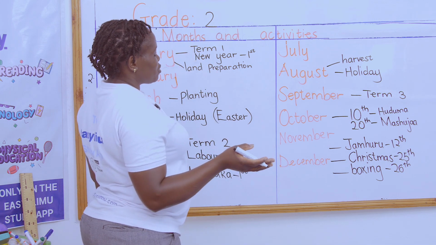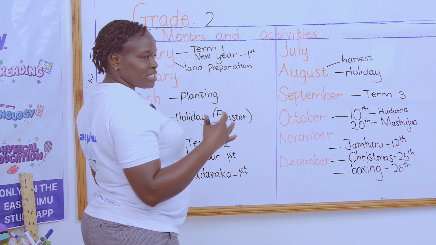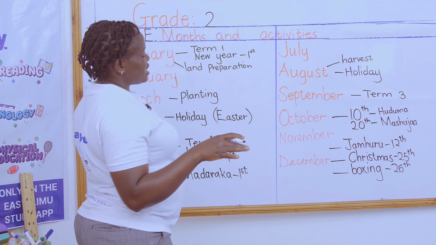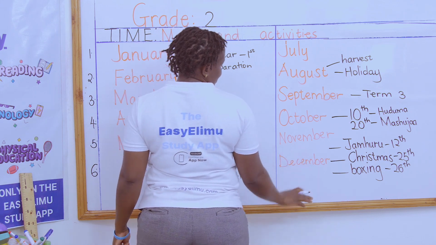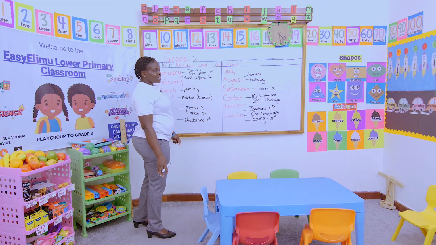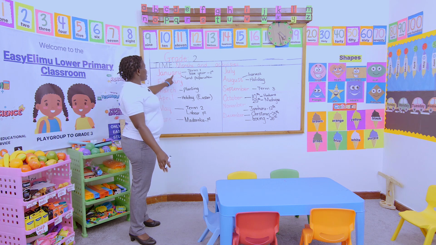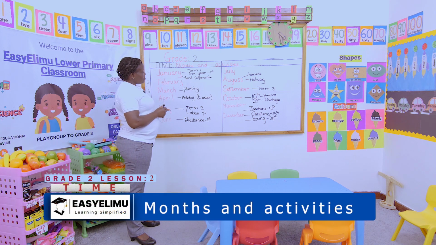Then September, October, there are no rains. It is just some short rains to reduce the dust because we are now heading into the celebrations. And after that, we reach December, where again the climate changes and it starts again in January. That is basically what normally happens during these months and the activities.